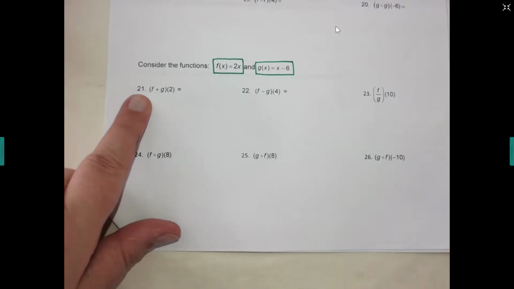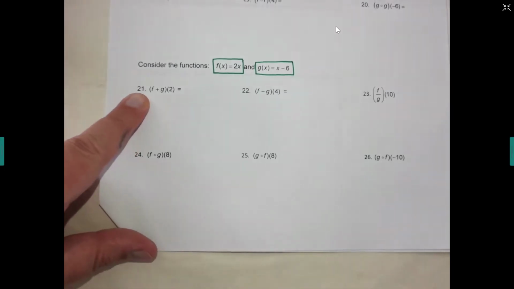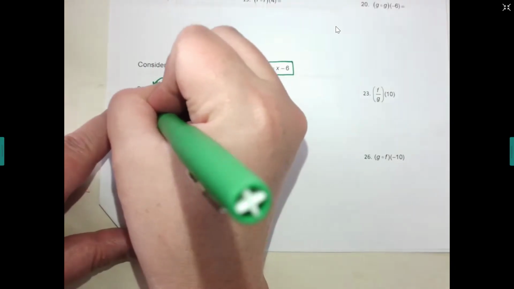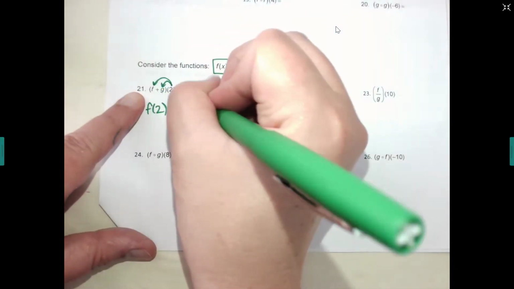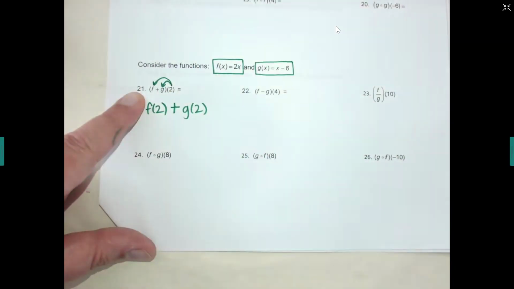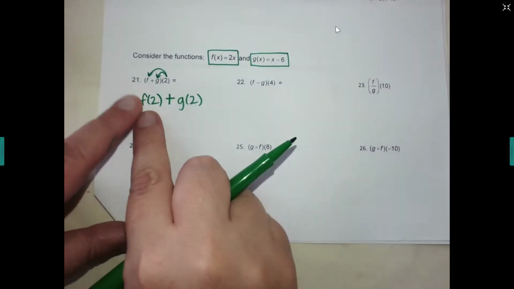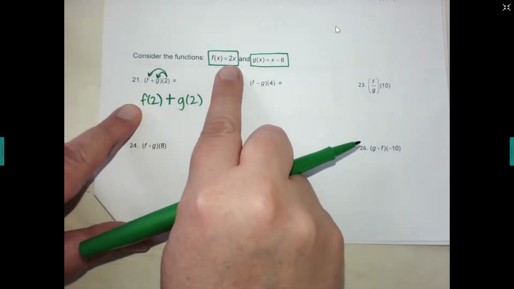So look at 21. What's the operation? Is it a plus, minus, times, divide, or a composition? Plus. Then I'm going to find f of 2, g of 2, and then I'm going to add them. But rather than having a picture, I'm going to have to plug 2 into the x of the appropriate equation. So for f, my equation was 2x.